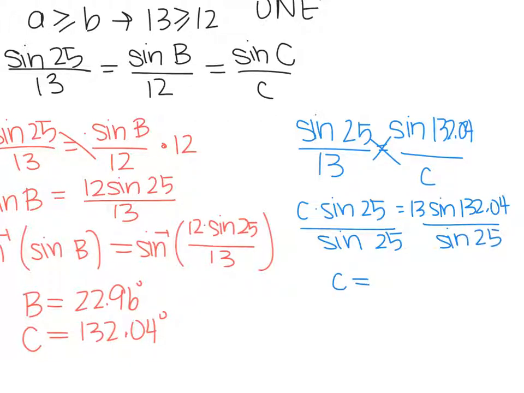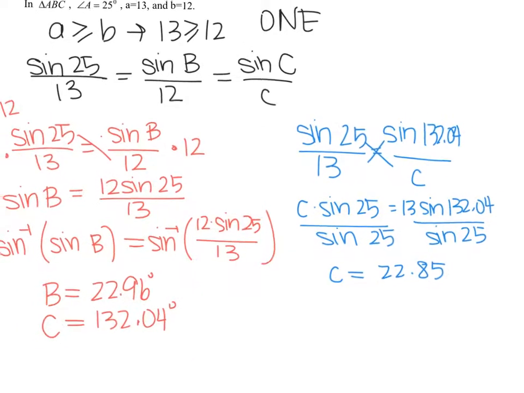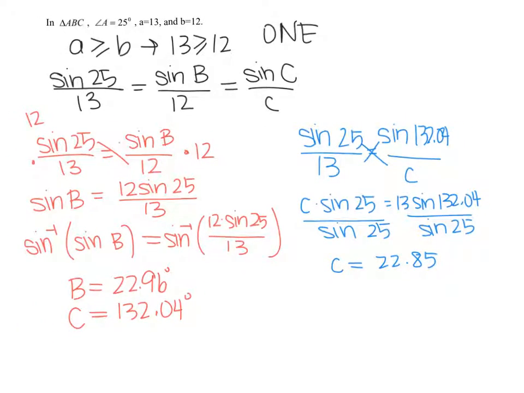And we get that C equals 22.85. And we aren't given units in this case for the sides, so it's just going to be 22.85 units.